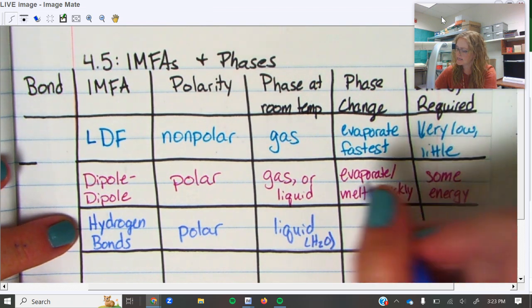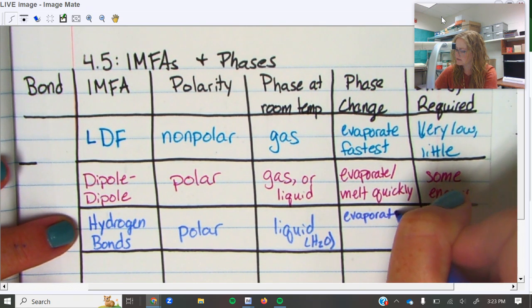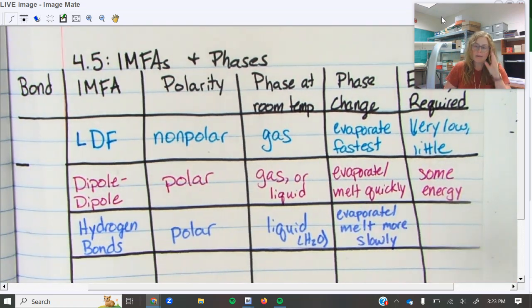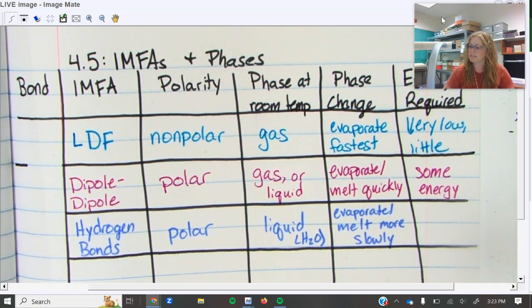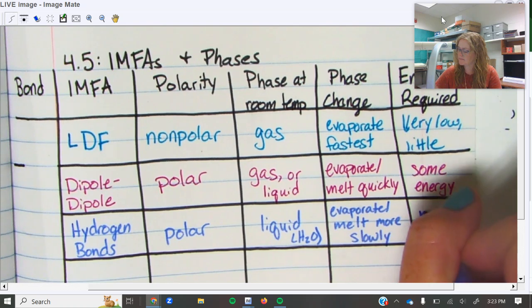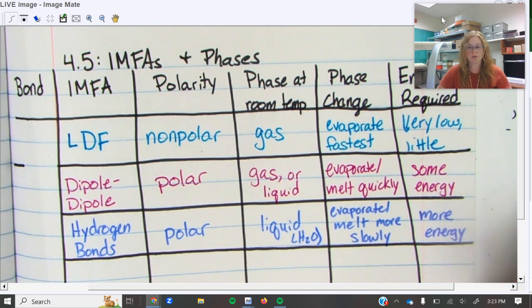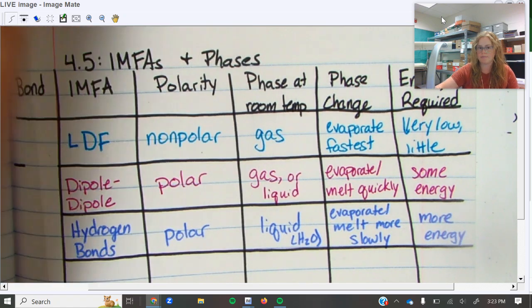And they evaporate or melt more slowly. And the reason that happens is because the attractions between the molecules are much stronger, so it's going to take more energy to break those attractions and get that molecule to melt or evaporate.